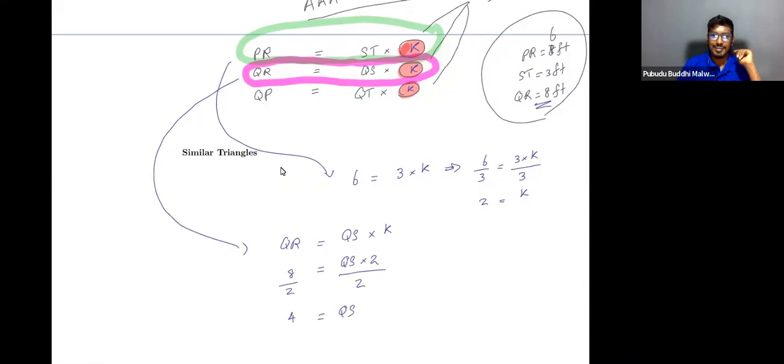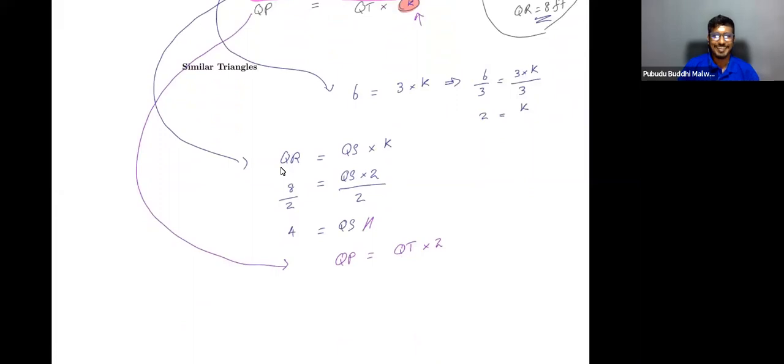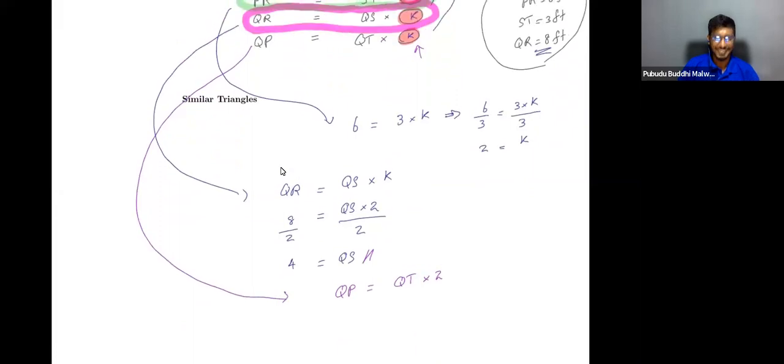But you can't use the next equation to determine those lengths because we don't have both of these lengths. Can you understand? So QP equals QT times K, and we found K, that is 2. But we have 2 unknowns and 1 equation.